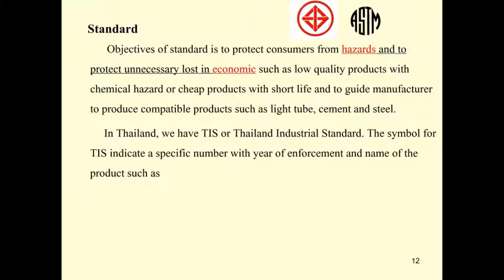So every construction site is supposed to take the sample that the manufacturer sent to you and check whether it is above the standard or specification or not. In Thailand, we have the Thailand Industrial Standards, the TIS, as the standards we use to control the quality of the materials we use.